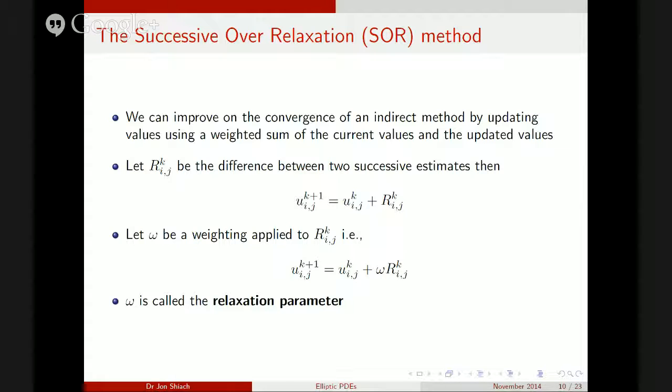But sometimes there can be 2 types of convergence behavior. One type is when the iterations bounce about the solution. They oscillate about it. So let's say the solution was 1, and the iterations went 0.5, 1.5, 0.6, 0.4, 1.4.